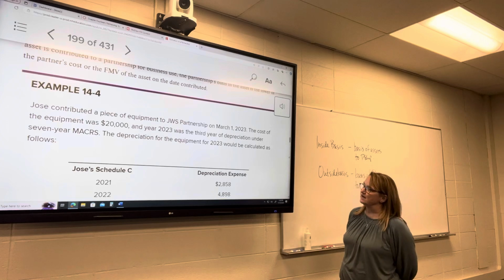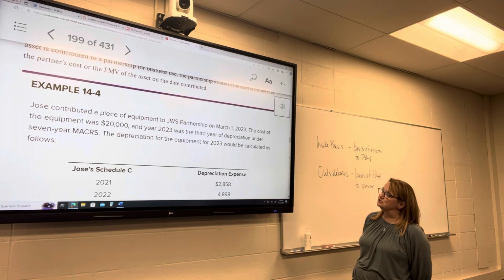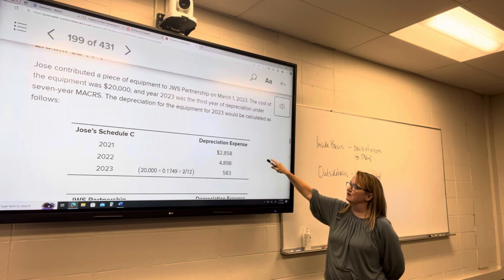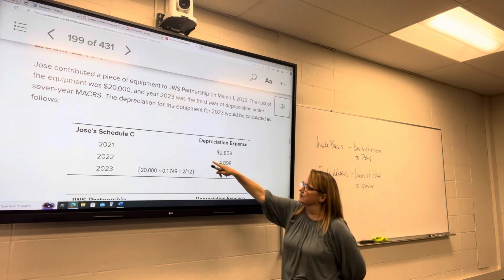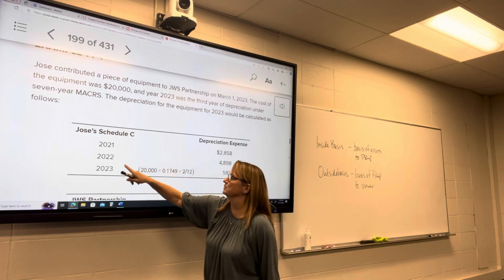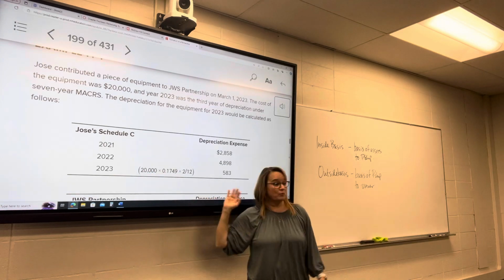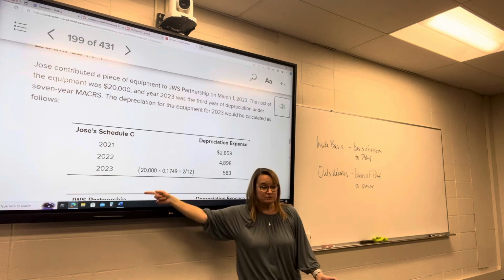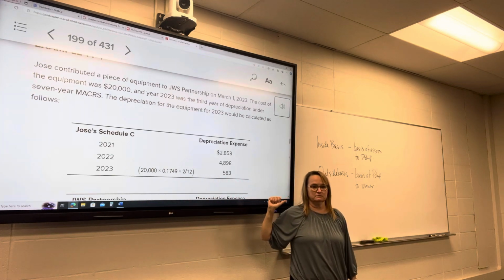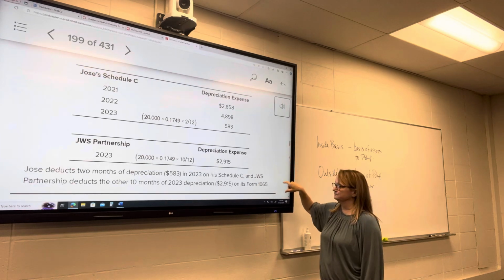Cost of the equipment was $20,000. 2023 was the third year of depreciation under 7 years MACRS. On Jose's Schedule C, obviously, he's going to get all of it for 2021 and 2022. For 2023, we would calculate what that full year depreciation would be, but Jose's only going to take 2 months of it. The partnership's going to take the other 10 months of it. Okay, so they're going to split it up in that year.